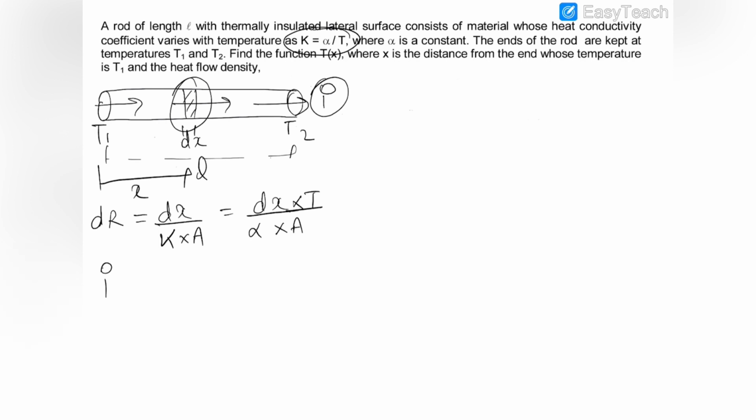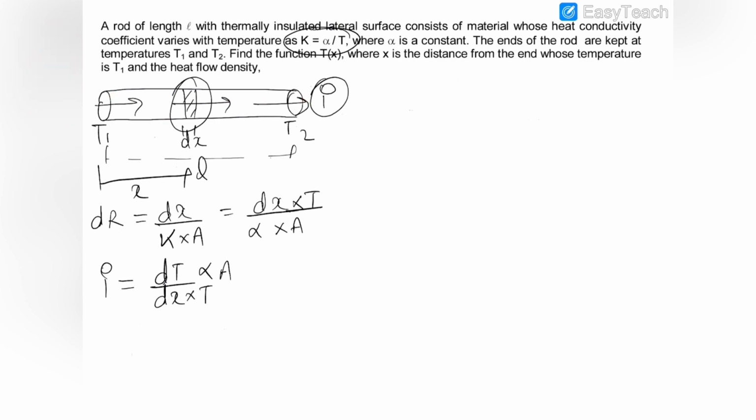Now the current through this element will be dT, the temperature difference across the two ends of this small conductor. So dT upon dR, which is dx into T divided by alpha A. So this is the current. Now we have assumed that this current is constant throughout the rod at this instant of time, obviously.